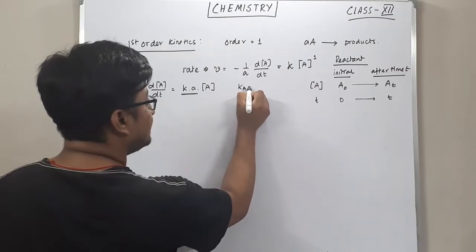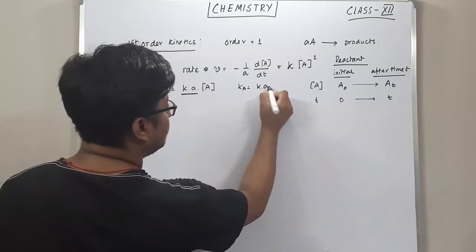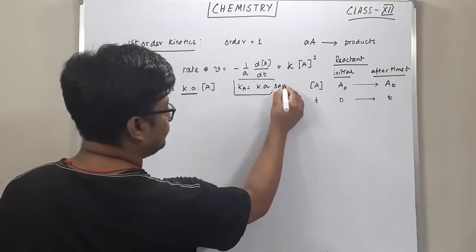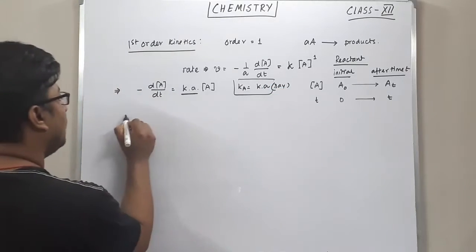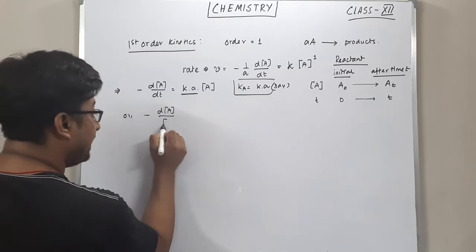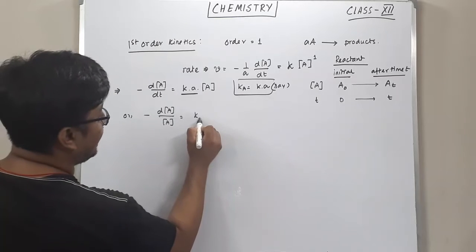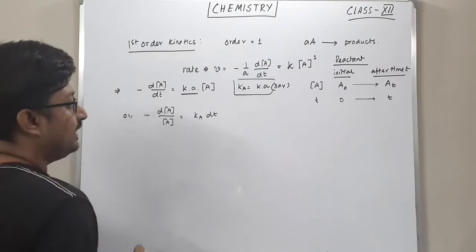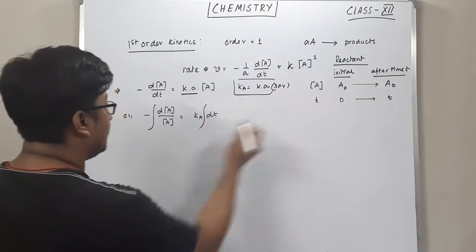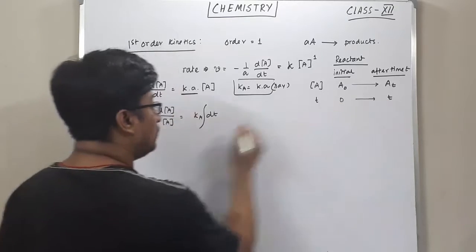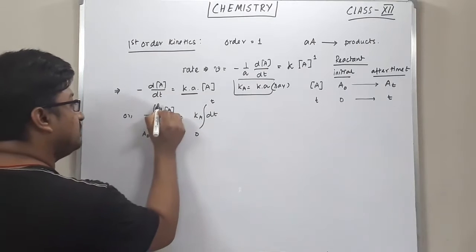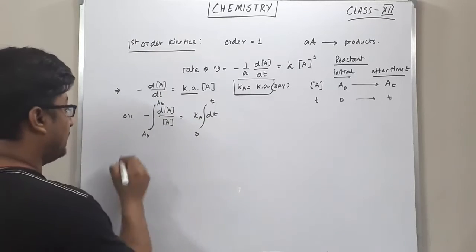So minus dA by A is equal to k dt. Now I integrate both sides with respect to the limits: time from 0 to t, and concentration from A0 to At.